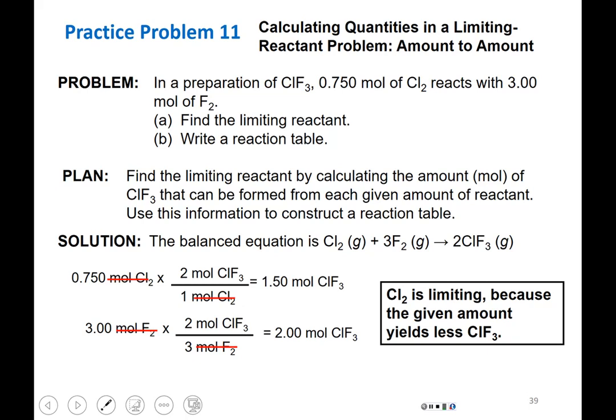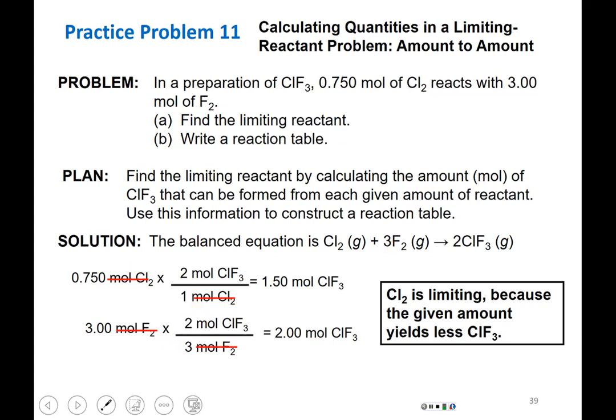can be formed. Now we look at F2, if we're given 3 moles of F2, right? If we look at the molar ratio in the balanced chemical equation, now that would be 2 moles of ClF3 for every 3 moles of F2.